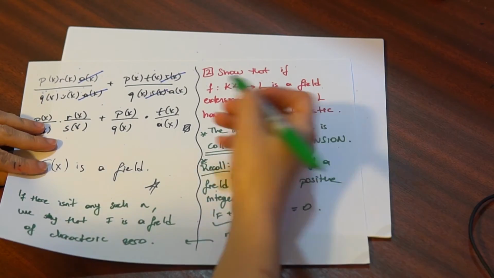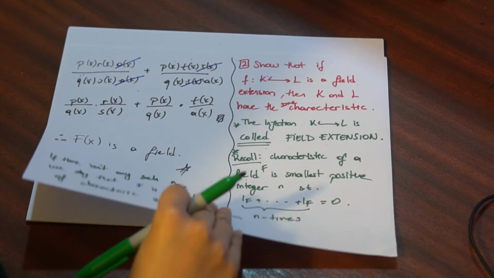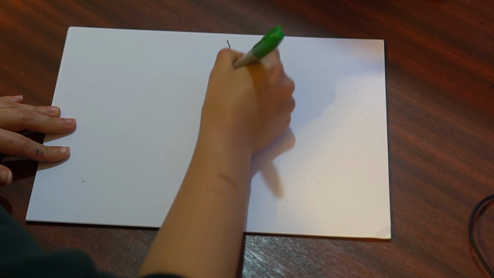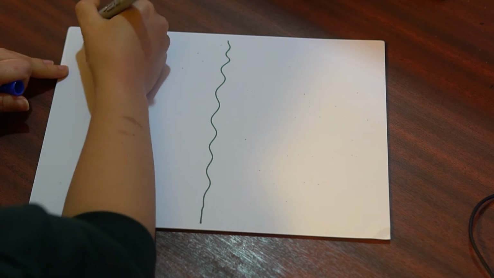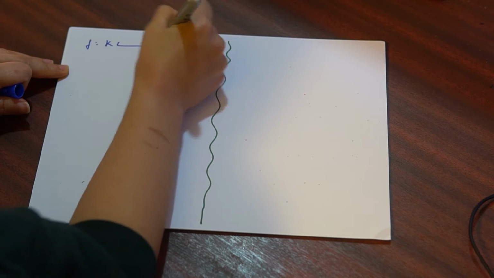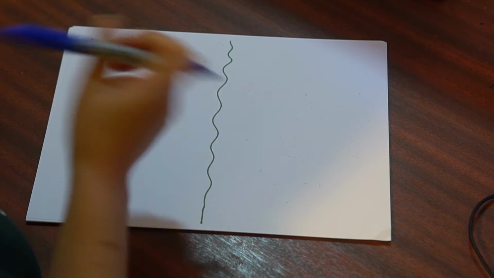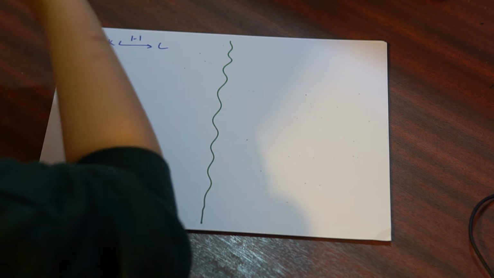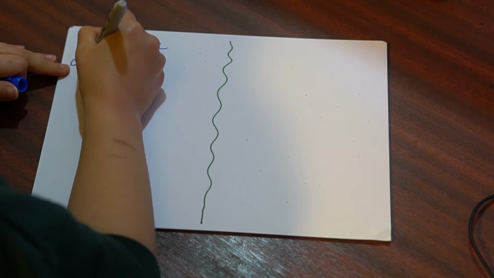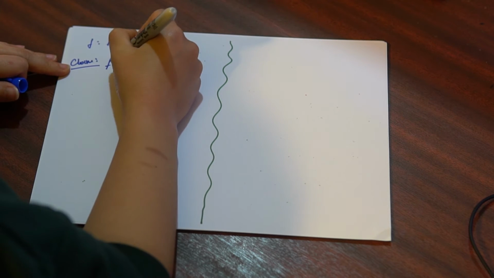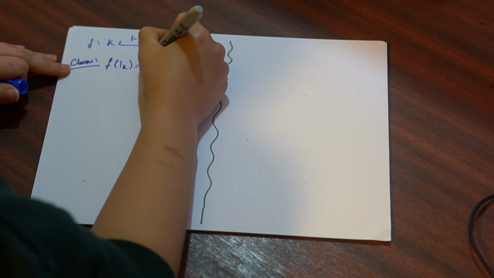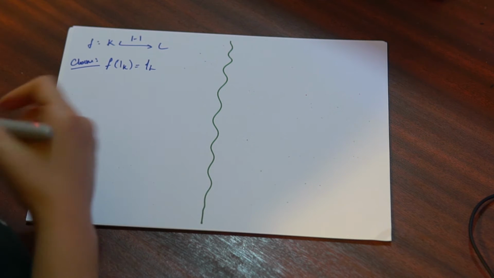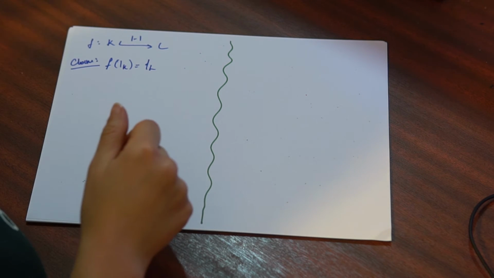Now we need to show that if f from K to L is a field extension, then K and L have the same characteristic. First, we have f from K to L, and this map is one-to-one since it's an injection. Claim: f of 1_K is equal to 1_L.